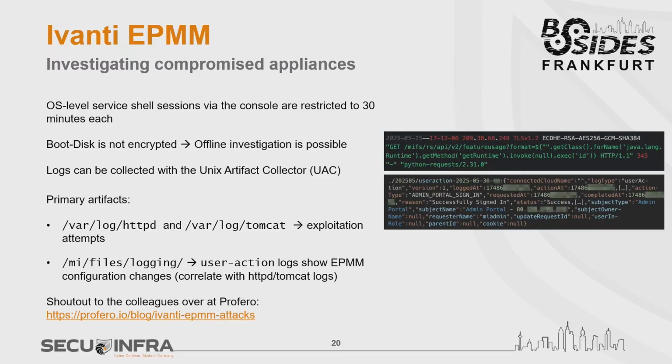And the other artifact that we didn't see documented anywhere, as far as we know, is a proprietary log file that the appliance creates, and that logs user logins into the administrative portal. So if there was unauthorized access, you might be able to see something there. And also a big shout out to the colleagues over at Profero who documented some of this workflow previously.